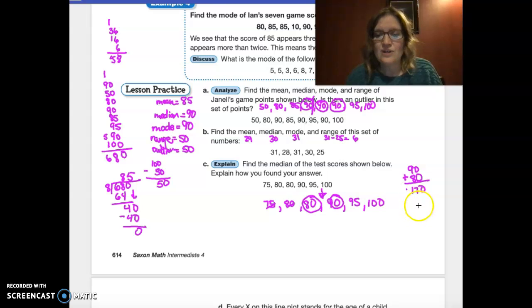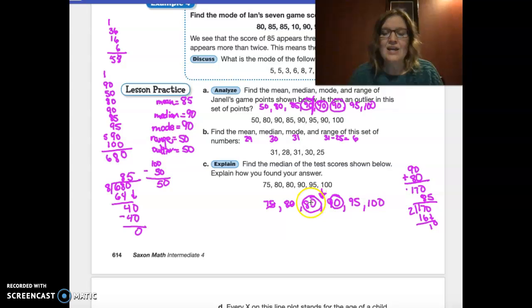I divide 170 by 2, and I get 16, and then pull down our 0. We get 85. You could do all the numbers, or you can look at it and know that between 80 and 90, the middle point is going to be 85.